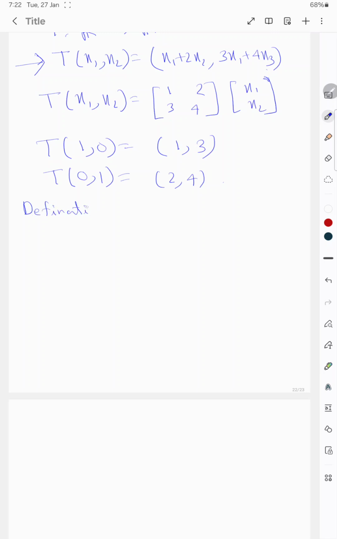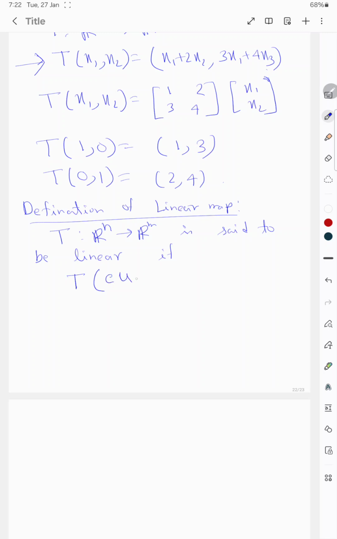A map T from Rn to Rm is said to be linear if T of cu plus dv equals c times T of u plus d times T of v, where u and v belong to Rn and c, d belong to your field R. You will learn this in more detail when you study vector spaces; I am not going into that in detail.